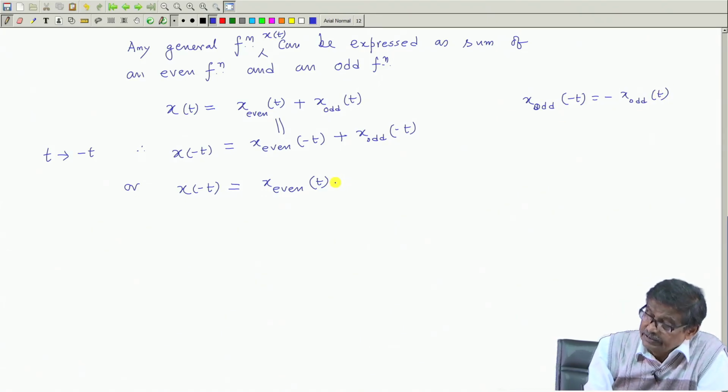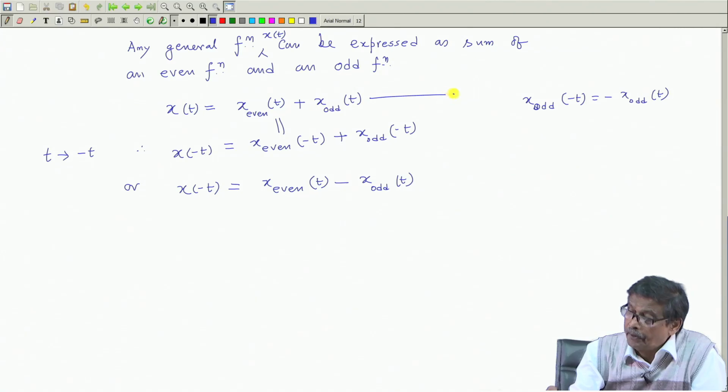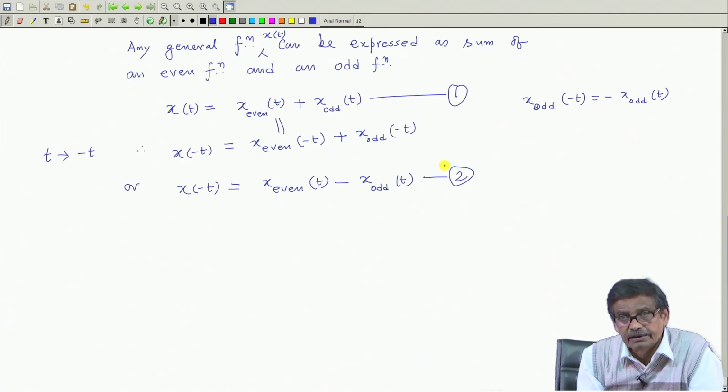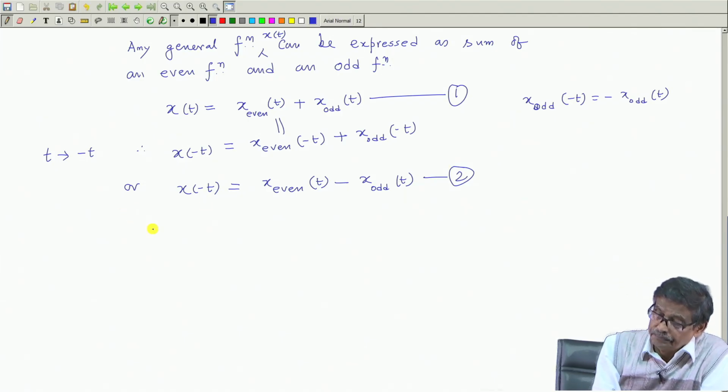So, we have got now these two equations 1 and 2. x(t) is known, so x(-t) is also known. Therefore, add 1 and 2.